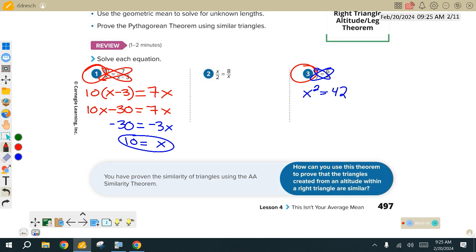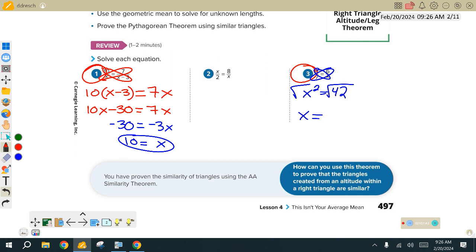We're going to square root both sides. How many solutions do we typically get? 2. That's where a good chunk of you forgot that we typically get 2 solutions. So when I pass back your quizzes later on, a lot of you are going to have a plus or minus on there. So plus or minus, and then simplify the square root of 42.